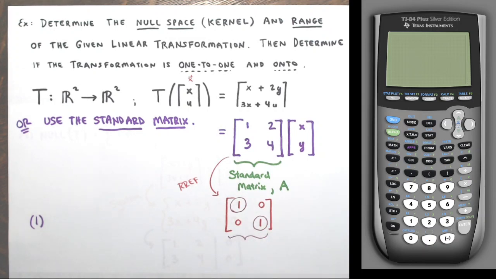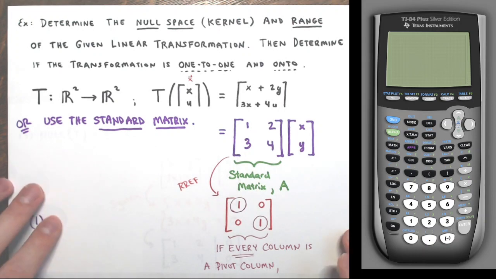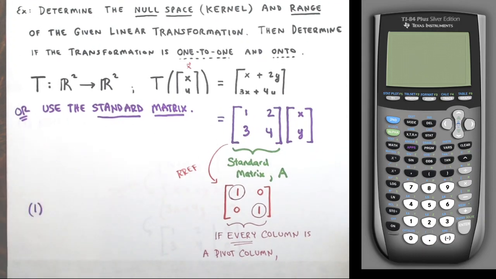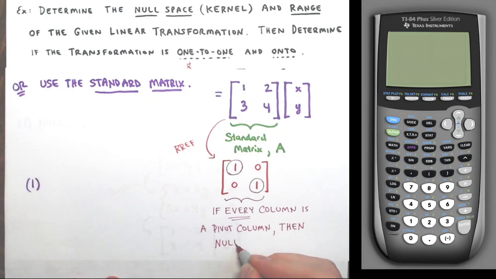If every column is a pivot column, which we have here, each column is a pivot column, then the null space of the transformation will be that set with just the 0 vector in it.